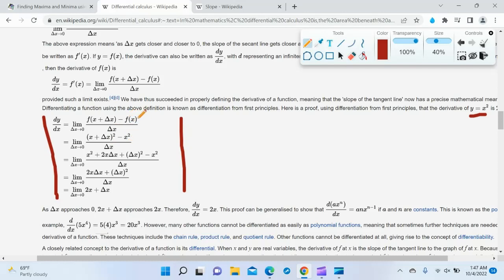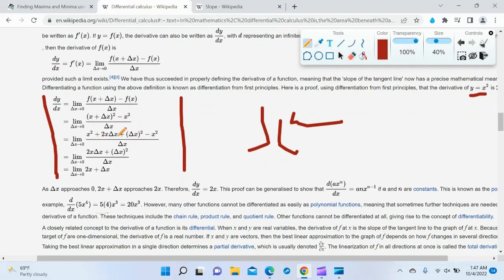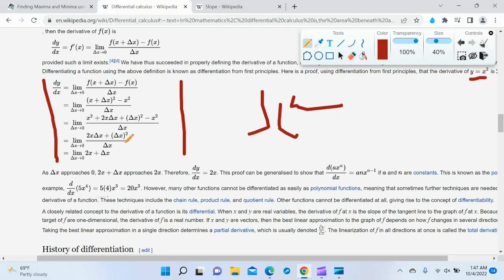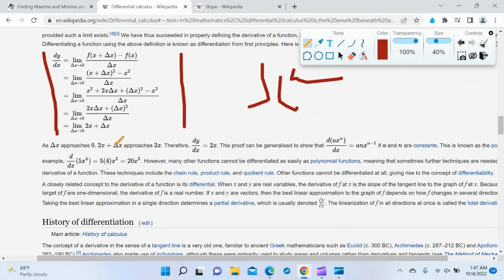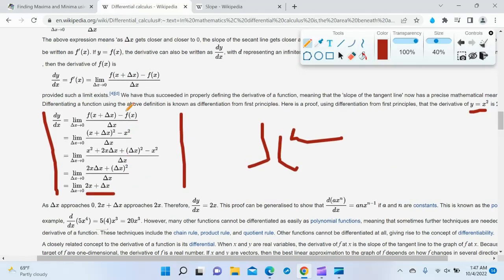Now we expand the square, and after subtracting, the output is 2x delta x plus delta x square, all divided by delta x.